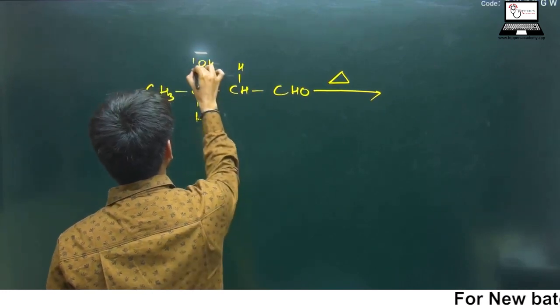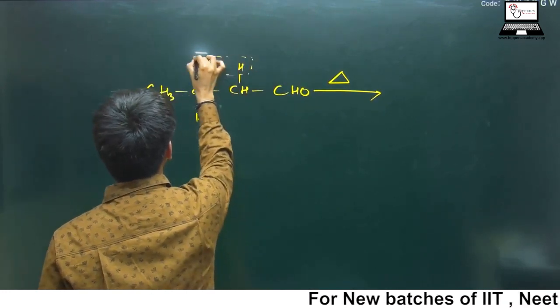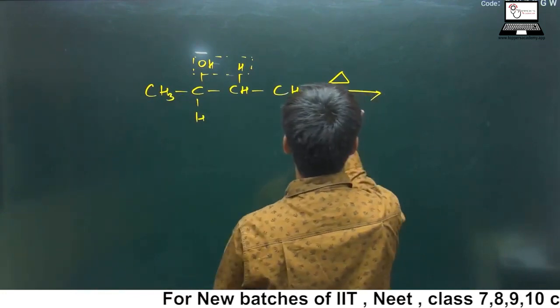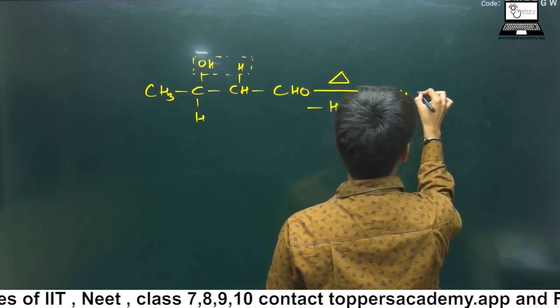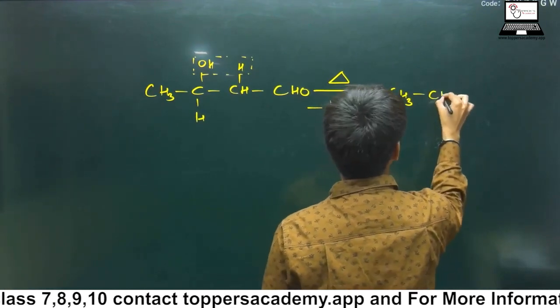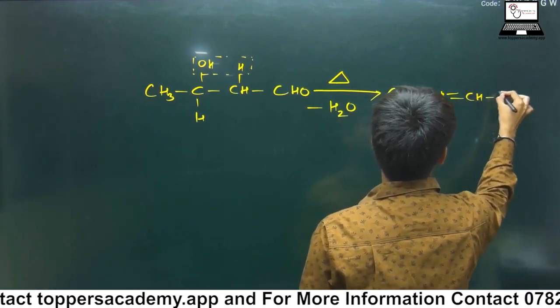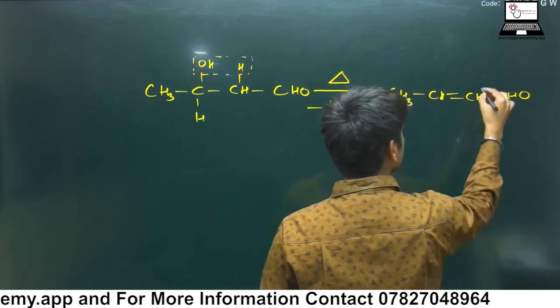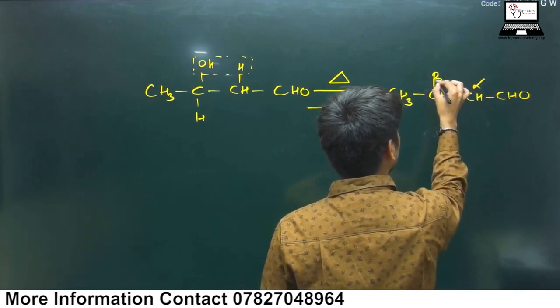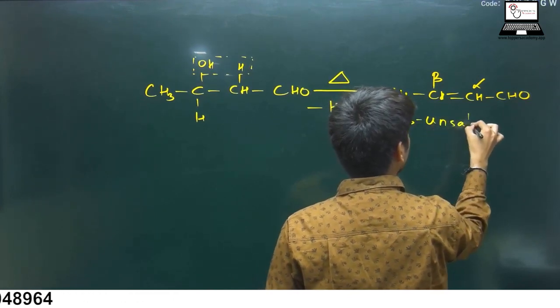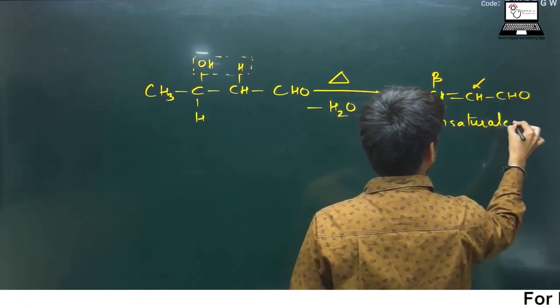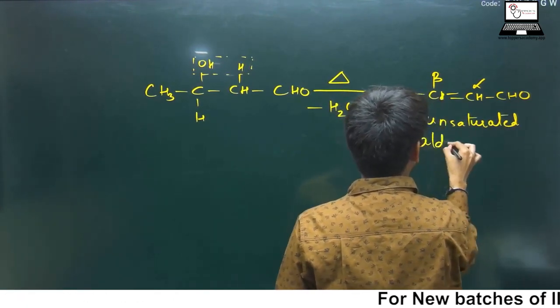There is a removal of water molecule from here, and what do I get? CH3 CH double bond CH CHO. Now this is your alpha, this one is your beta, so can I call it alpha beta unsaturated aldehyde? Alpha beta unsaturated aldehyde.